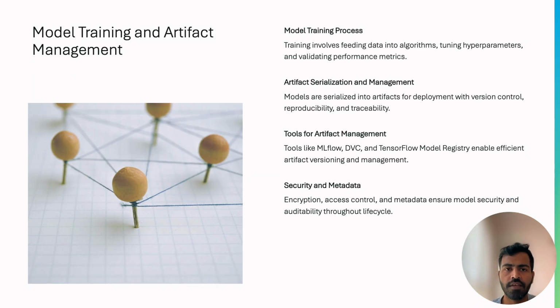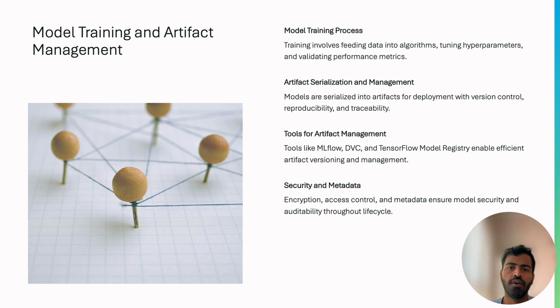Now we will see model training and artifact management. Model training is the process of feeding processed data into algorithms to learn patterns and make predictions. This involves selecting appropriate models, tuning hyperparameters, and validating performance using metrics.